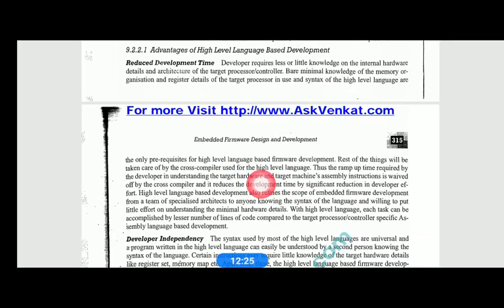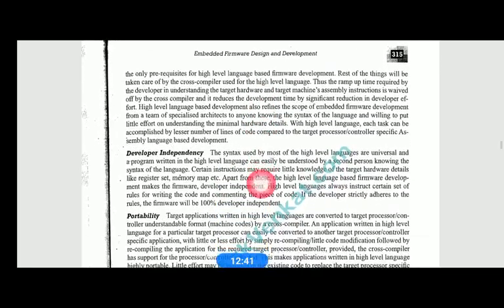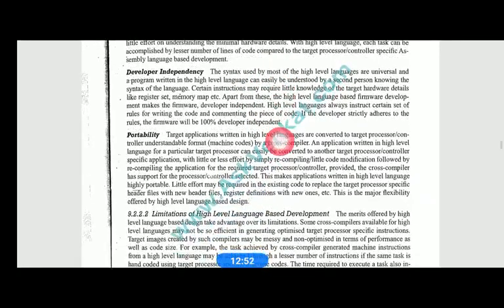The programmer does not require knowing the details of the processor or controller, meaning the architecture, its memory, its registers. Only certain knowledge of certain registers is enough to write the program. This gives development independency, because a program you have written in one language, one syntax, you can utilize for another target processor.